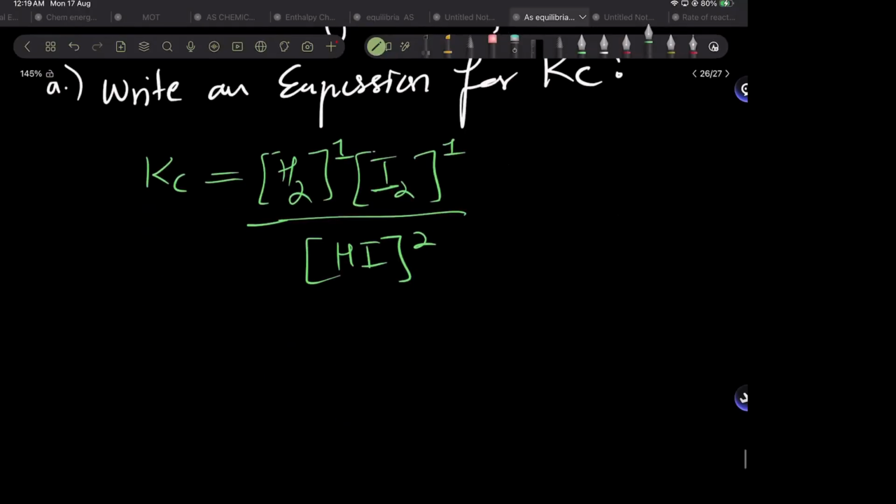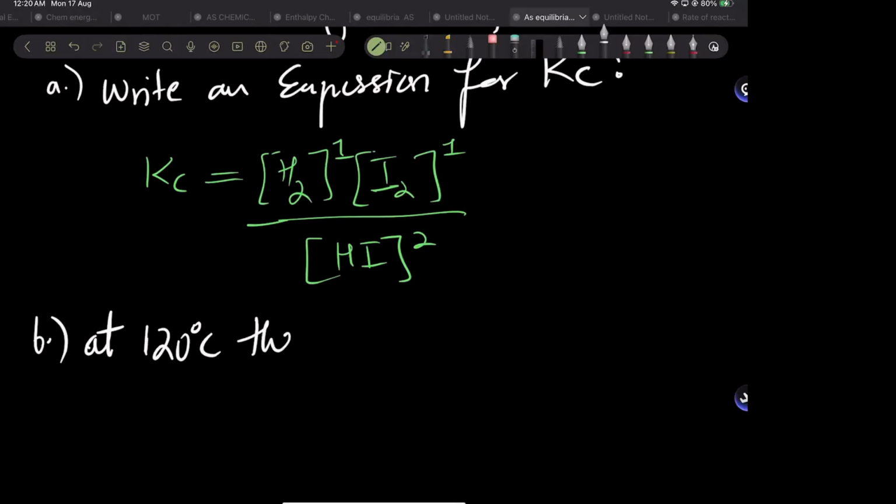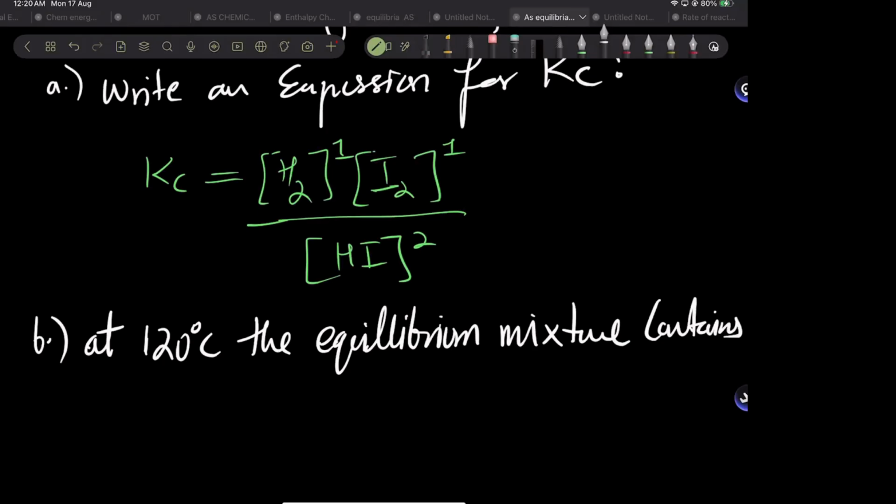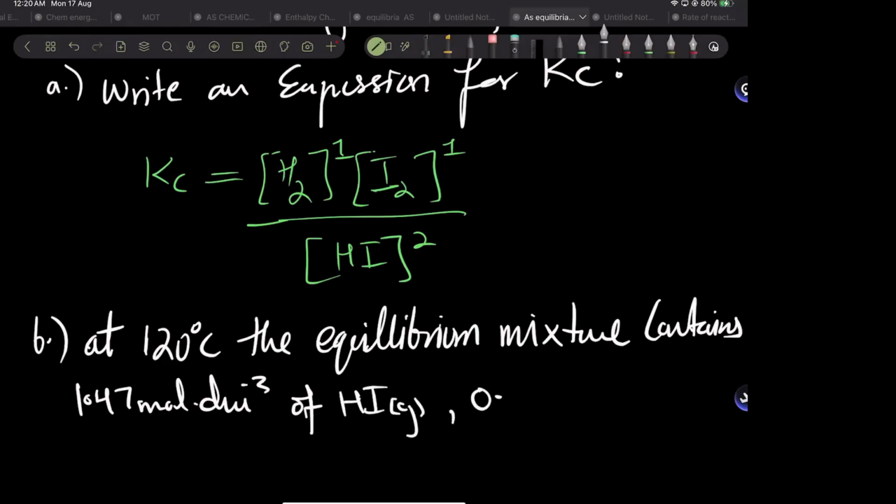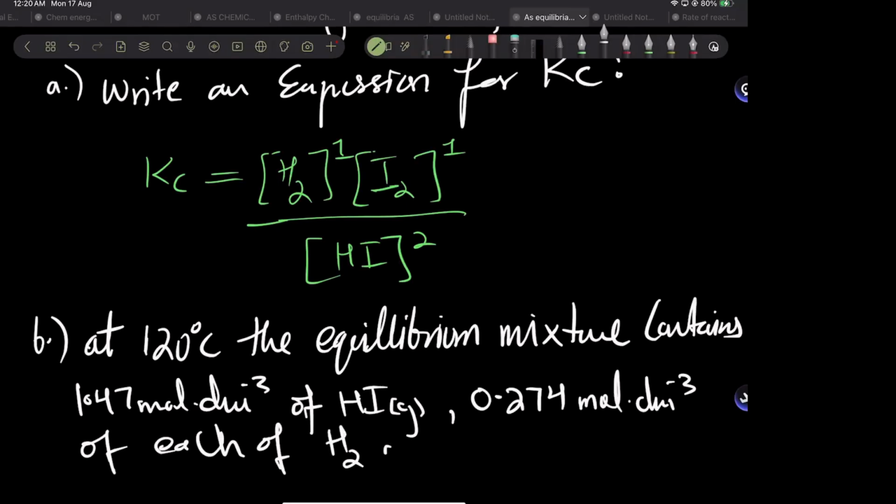Now in the second part, it says at 120 degrees Celsius, the equilibrium mixture contains 1.47 mole per dm cube of HI gas, 0.274 mole per dm cube of each of H2 and I2.